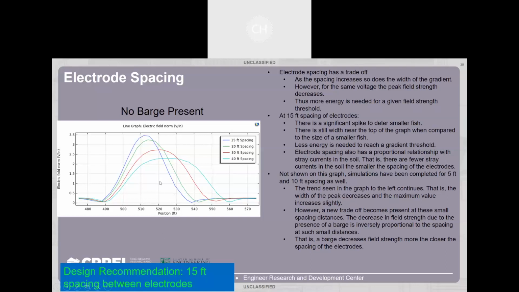The question becomes, how wide do you need the field so that the fish won't just push through, take a little zap and keep going, while at the same time saving on some of your energy requirements? Talking with some of the different biologists about those values and the size of the normal fish, we've decided that the optimum value is 15-foot spacing of those electrodes.